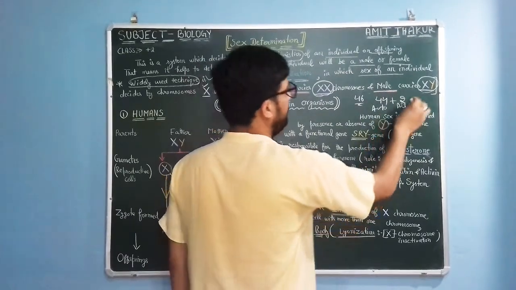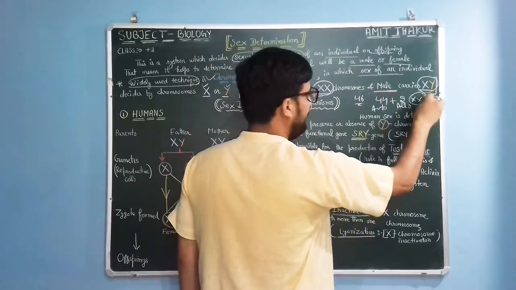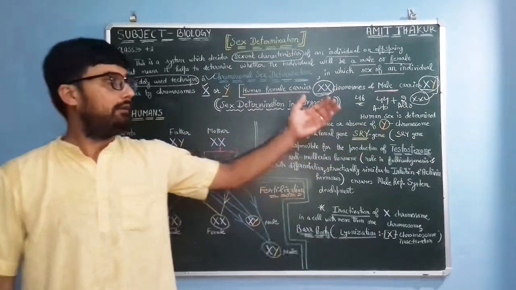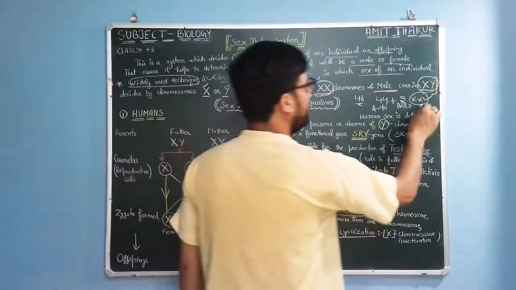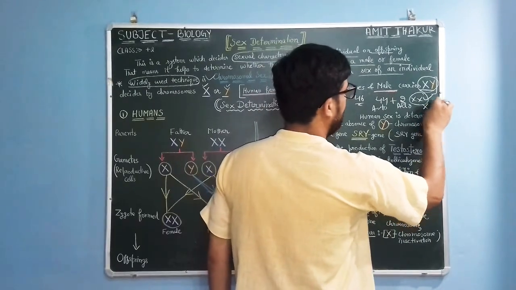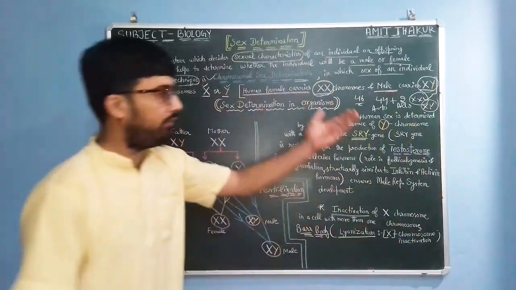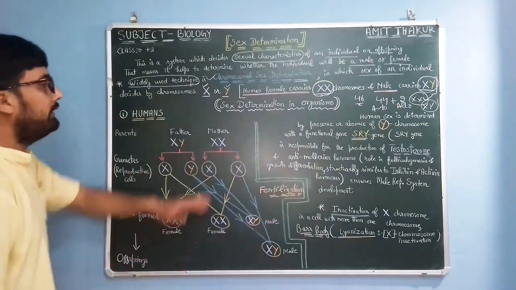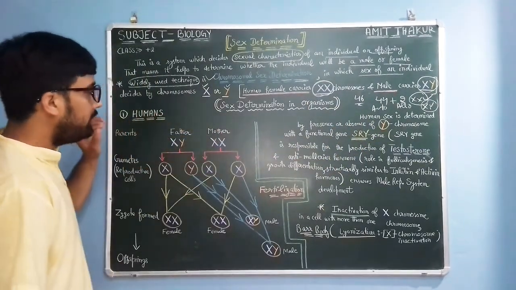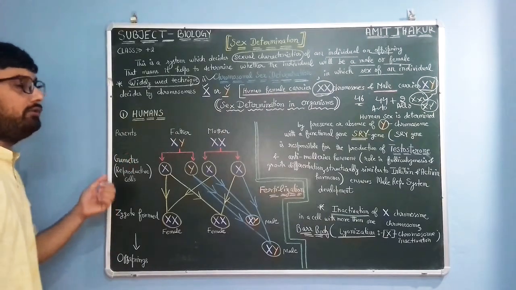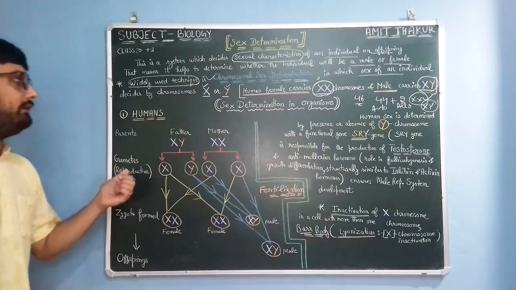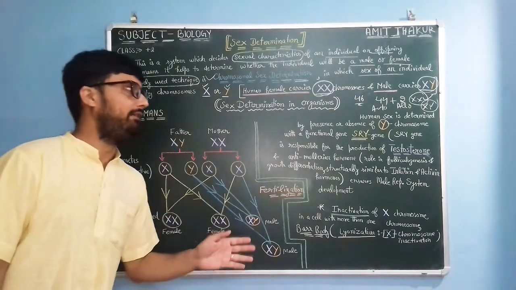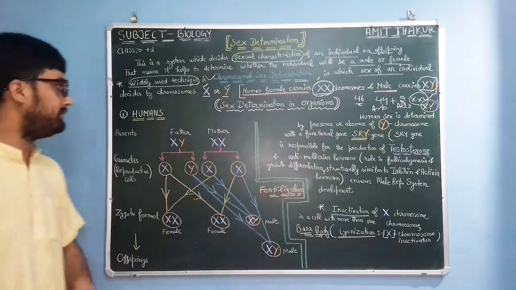These 2 chromosomes can either be XX, which goes for a female individual, or XY, which goes for a male individual. In this lecture we would discuss sex determination in human beings, and sex determination in insects and birds in our next lecture.